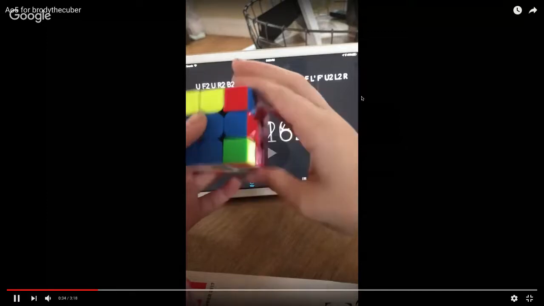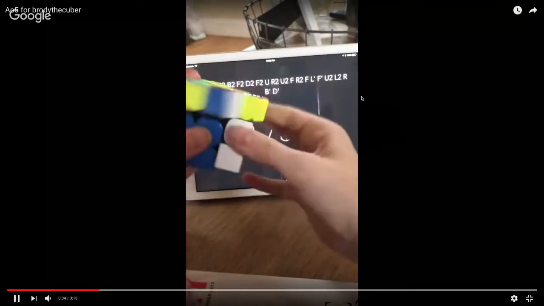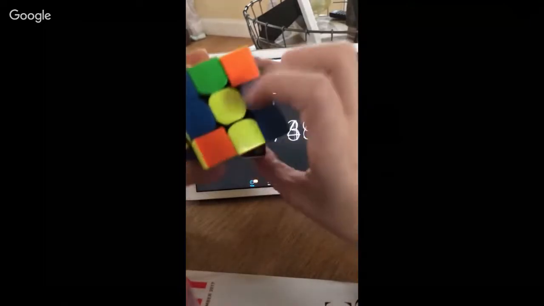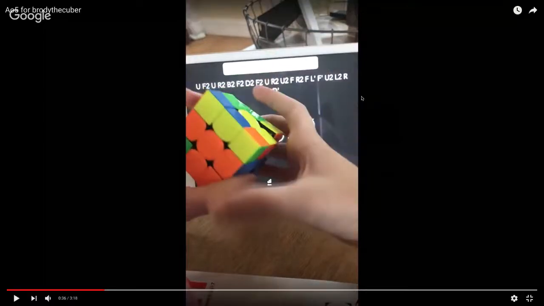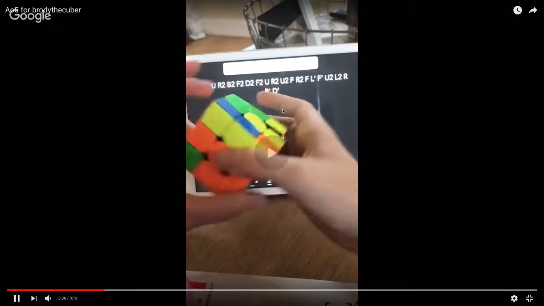That's a pretty simple F2L case, definitely worth being able to do in the back. You can do that from all angles without rotating. Same thing here. When you had blue in front, you could do this last F2L pair without cube rotating.